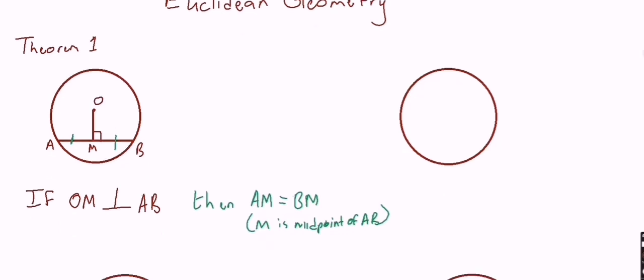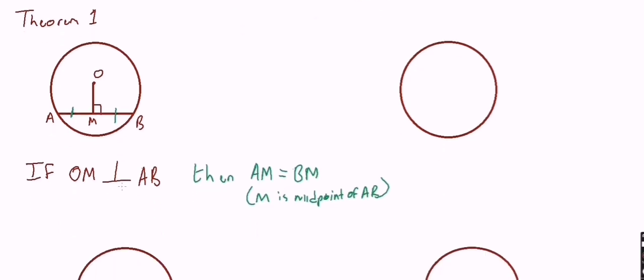So if we've got OM happening to be perpendicular to AB, then we will form a new midpoint. The reason we use here, if we are to now use this theorem as a reason, we would say line from center perpendicular to chord, because that is what we were given.